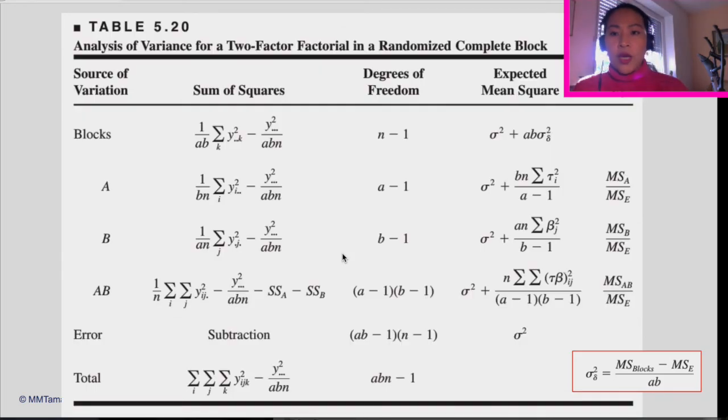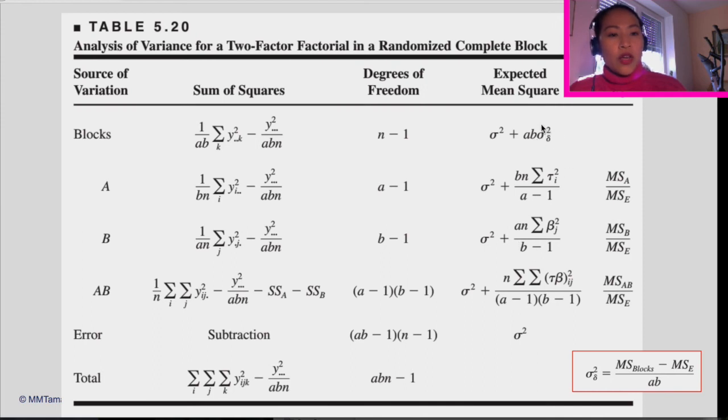Okay, so now if we summarize the ANOVA for a two-factor factorial in a randomized complete block, it would look like this. So again, you have your sources of variation, you have your sum of squares, and then you have your degrees of freedom and expected mean square, okay.